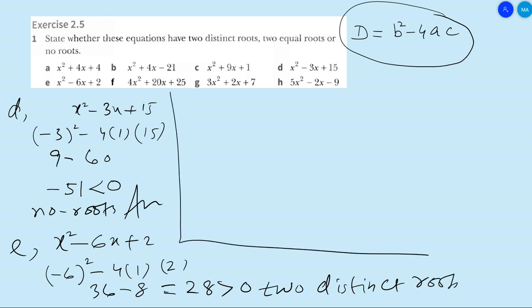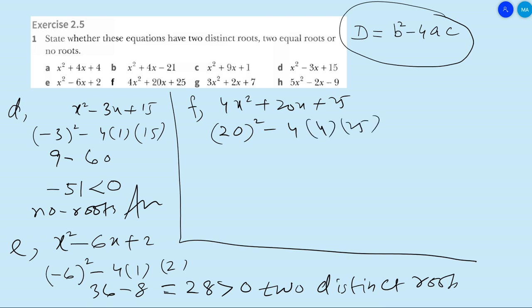Come to part F. 4x square plus 20x plus 25. So b square, 20 square, minus 4ac. 20 square is 400. 4 fours are 16 and 25 times 16 is 400. 400 minus 400 is 0.